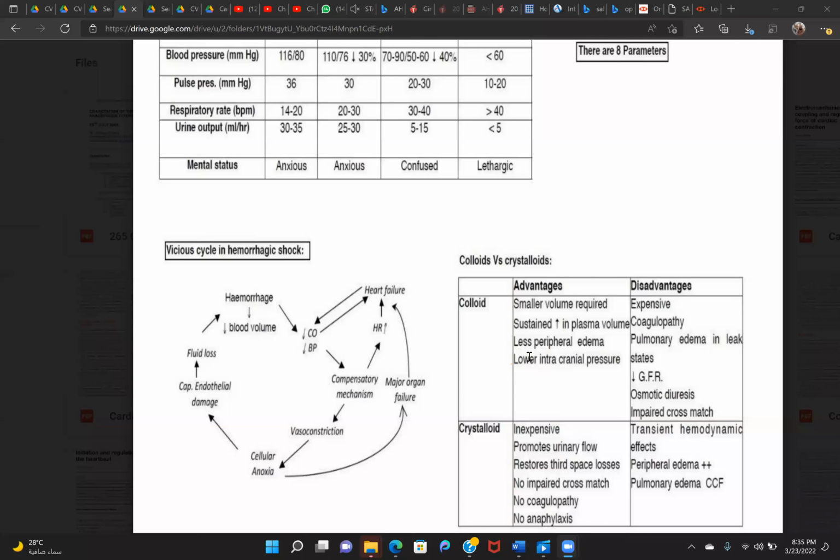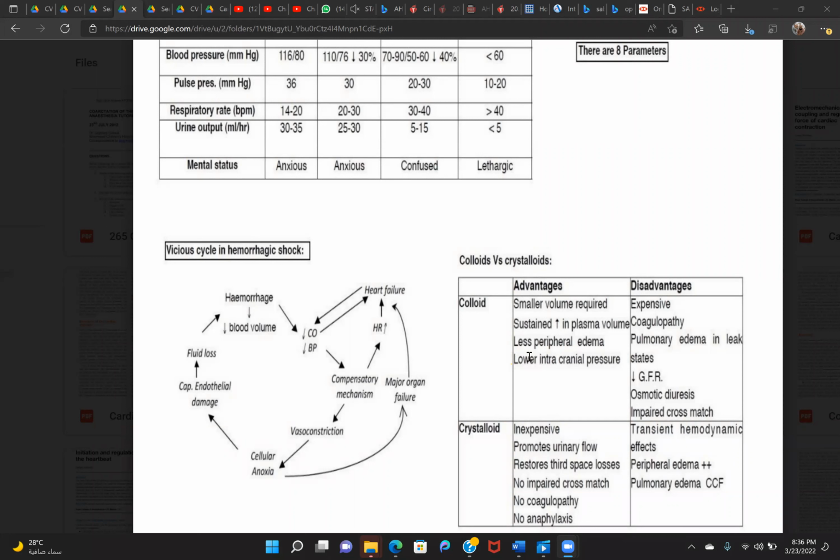If you give crystalloid, the response will be three times less than colloid: if you give 1 liter of colloid, you need to give 3 liters of crystalloid. So the dilutional problems will start, and there are more chances of dilutional coagulopathy if you give only crystalloid.